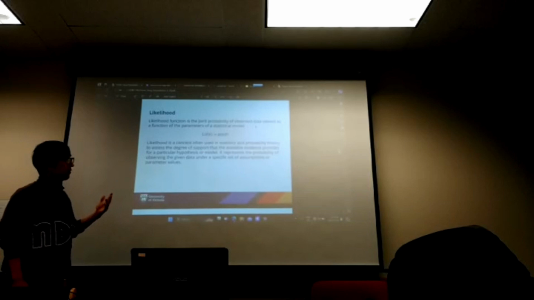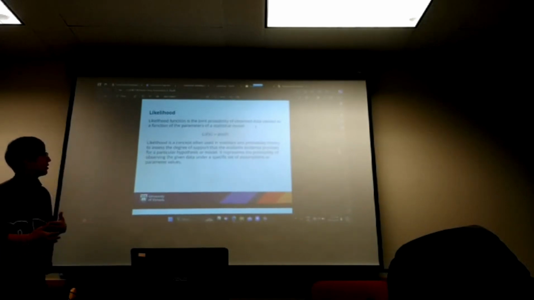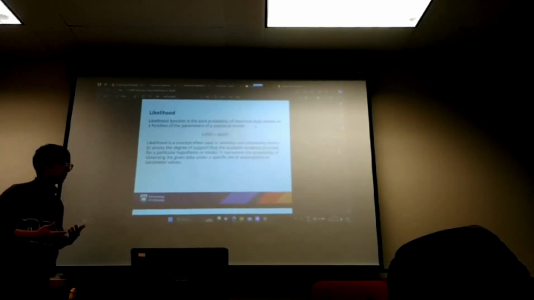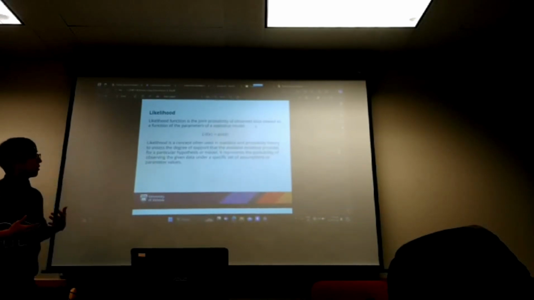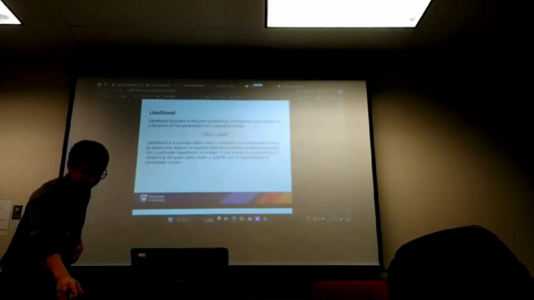If the likelihood is high, it means the parameter we set is more like the true value, and our goal is to maximize the likelihood to find our parameters. Just like this.